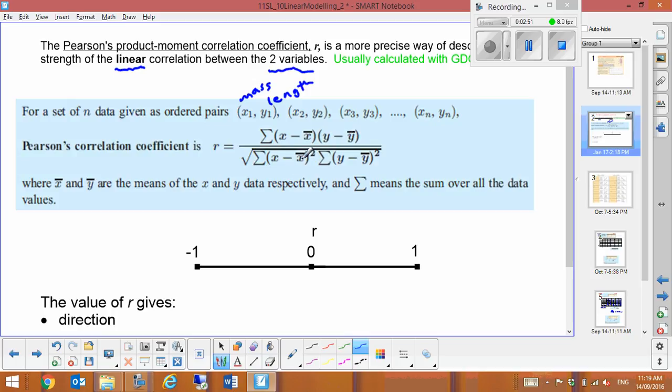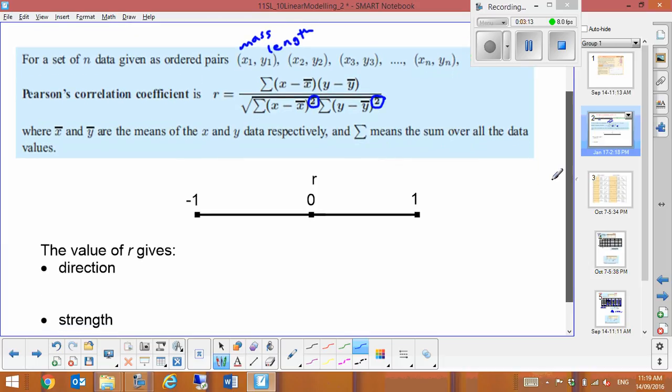We do the same for the denominator, but now we square it, then we add them up. So same story here, we're going to square it and then add them up. And then once we've added all those up, we then do the square root. So that's the process.